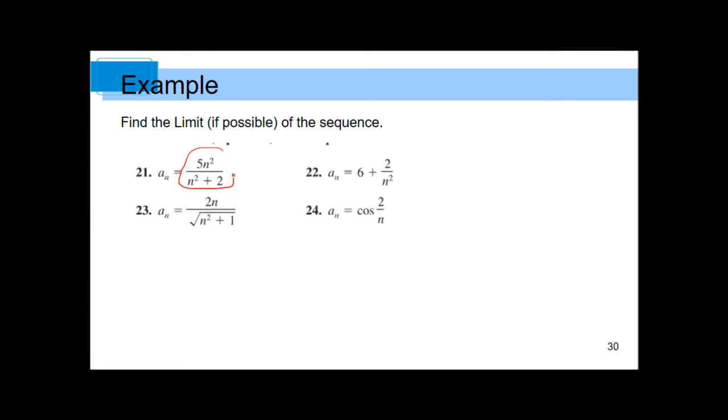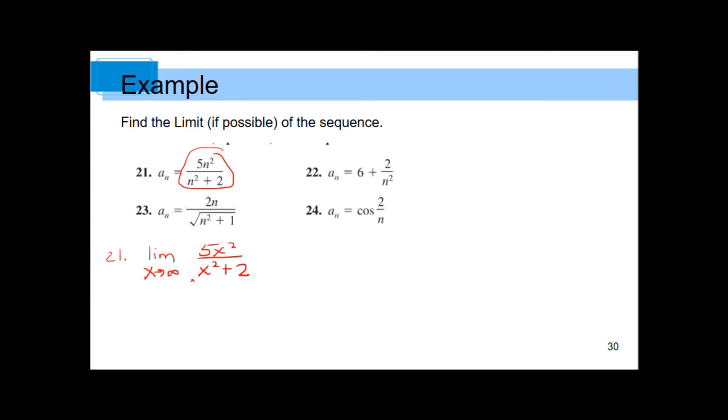We're going to just think of this as the function 5x squared over x squared plus 2. So for number 21, if we took the limit as x approaches infinity of 5x squared over x squared plus 2, what will we get?